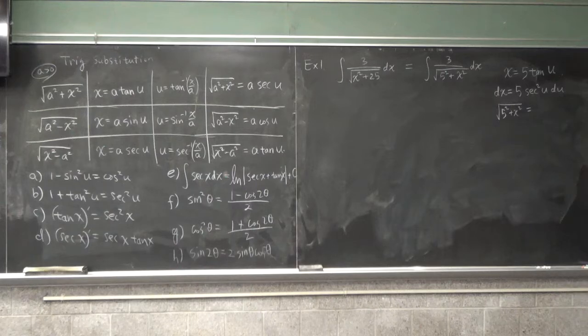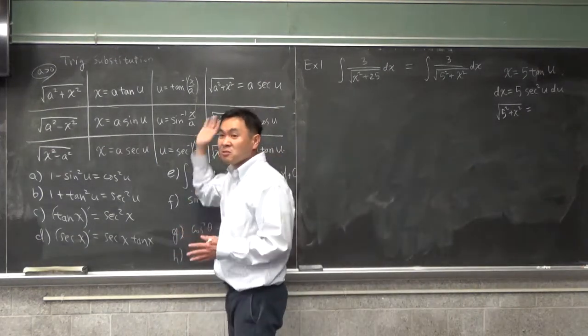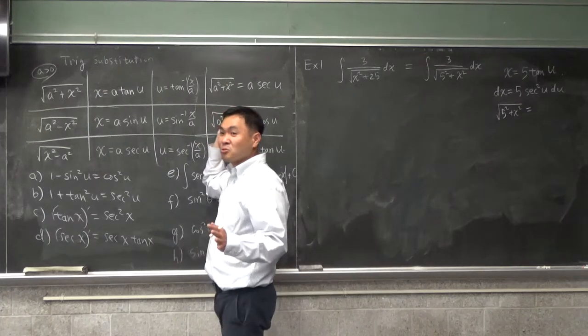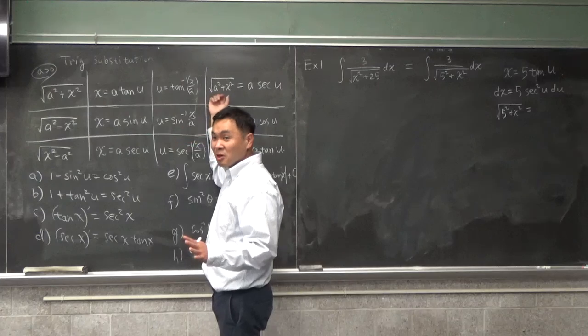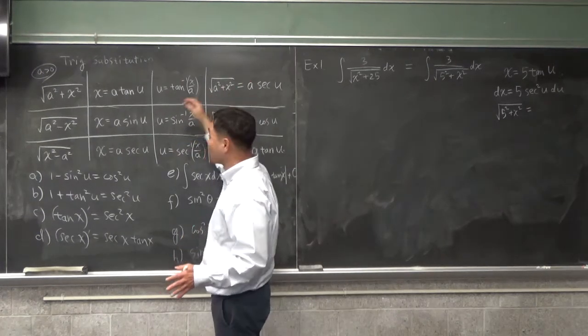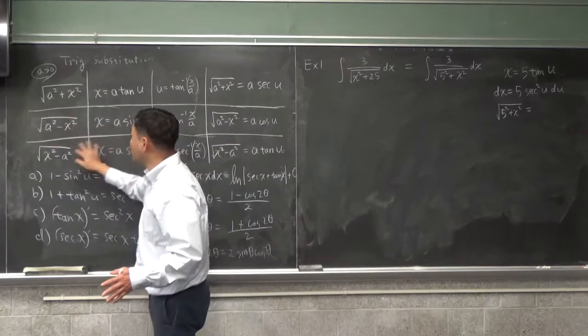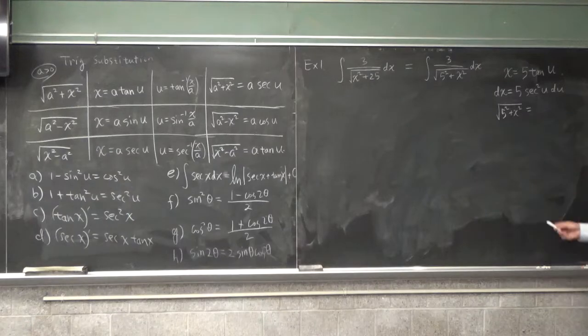You don't want to memorize this table. Just memorizing this table will get you into trouble at exam time when you forget it. Sometimes that happens, right? And then you don't have any way to retrieve it. It's better to just remember this much and then derive this. But we'll just use it. So we know that this will become 5 times secant of u.